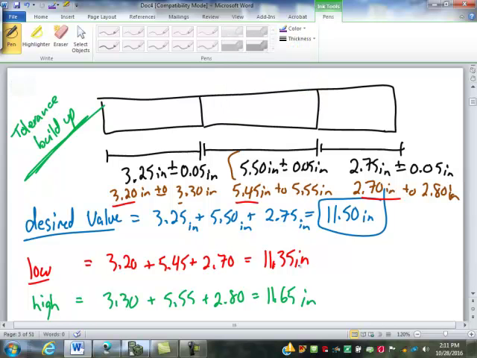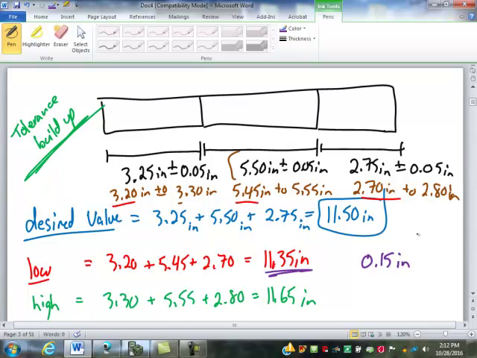So looking at this, you can see here, this is a full 15 hundredths, or more than an eighth of an inch away from our desired value. That's something like 5/32 of an inch off of our desired value. That's probably unacceptable for dealing with any sort of precision work.